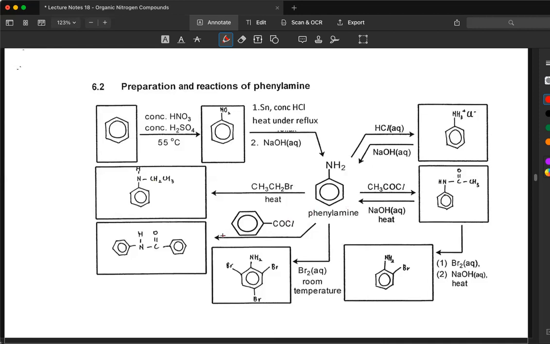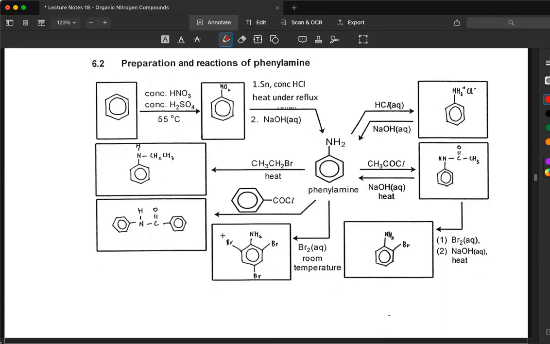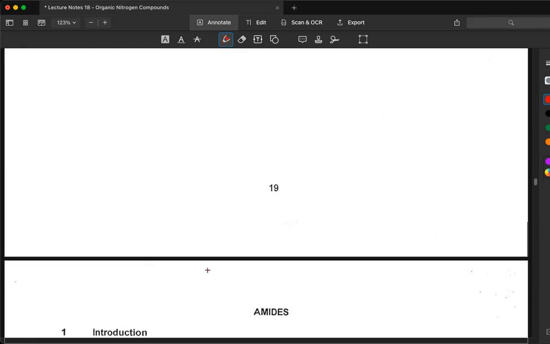Or with benzoyl chloride, then you will form this one, and this one can be further reacted. It's a summary of the earlier one.